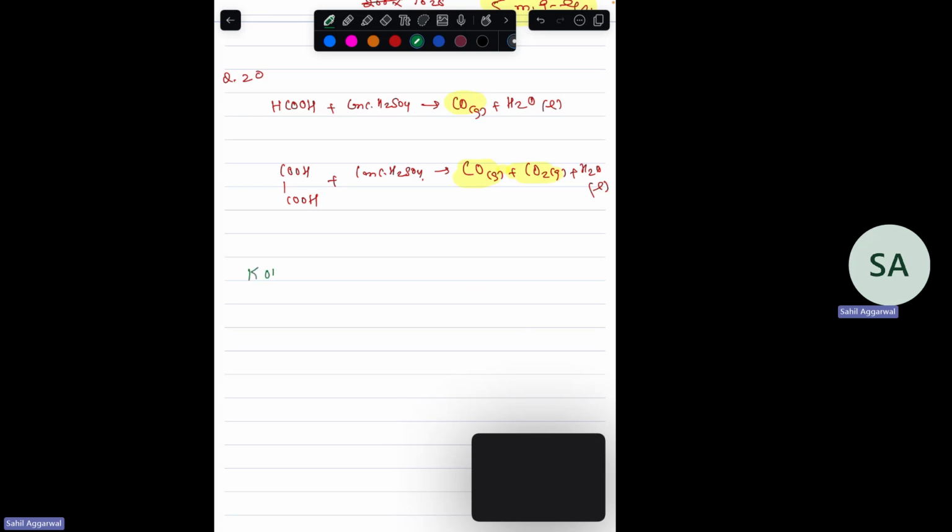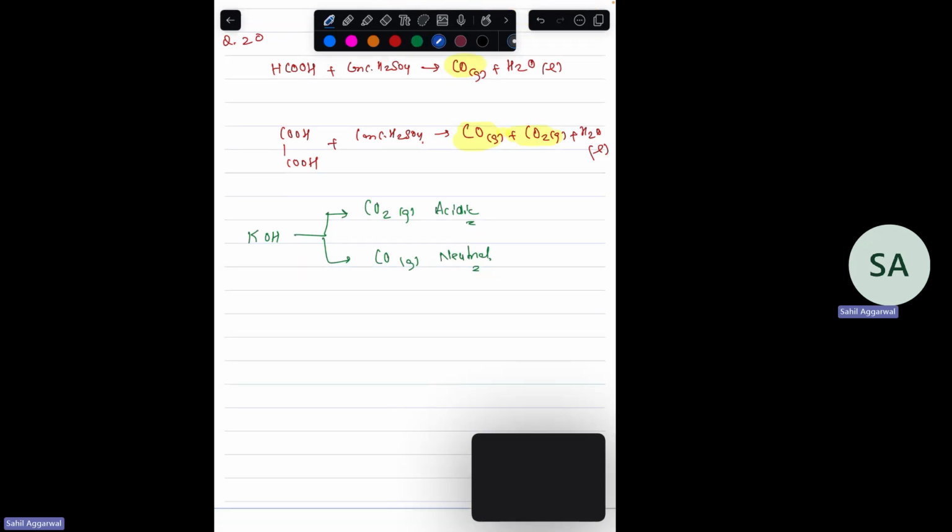KOH is a base. CO2 is acidic and CO is neutral. CO2 is acidic while CO is neutral. तो KOH रिएक्ट करेगा CO2 से.